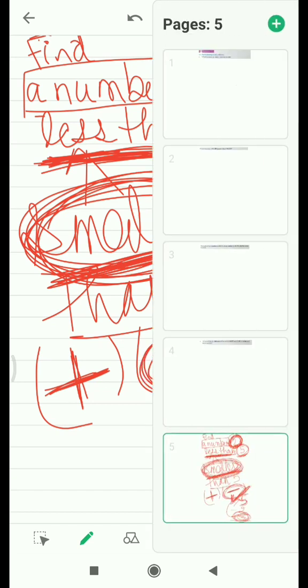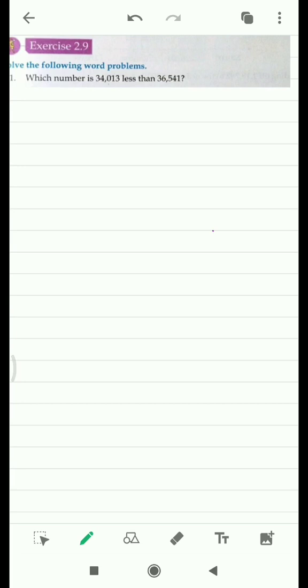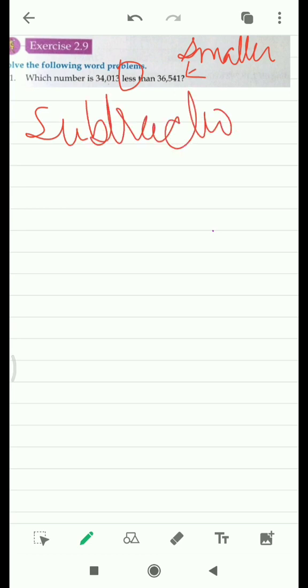So let's move to the first question of our exercise, which is something like this. Which number is 34,013 less than 36,541? Since the word here is less, in order to find the less, we need to find a smaller number than this one. So we're going to do subtraction here.